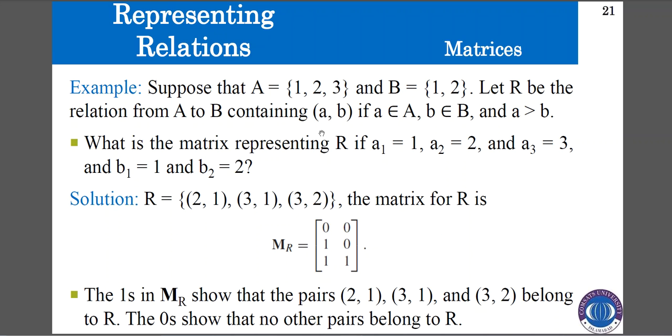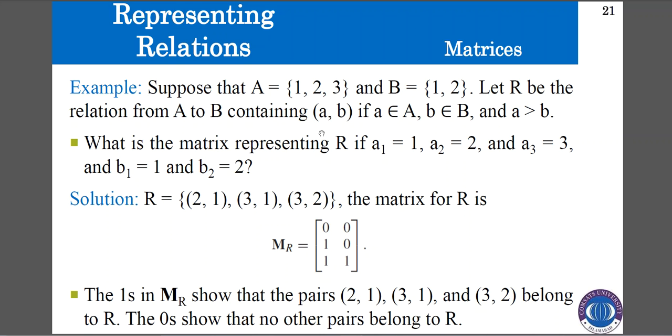Let us consider an example to explain the matrix representation of relations. Suppose that set A is {1, 2, 3} and set B is {1, 2}. Let R be the relation from A to B containing (a, b) if a belongs to A and b belongs to B, and a is greater than b.